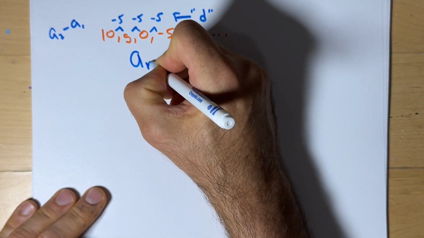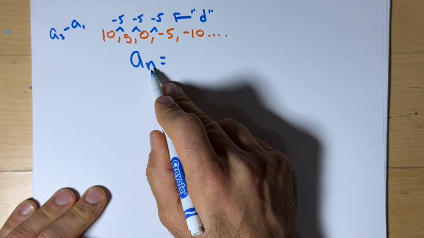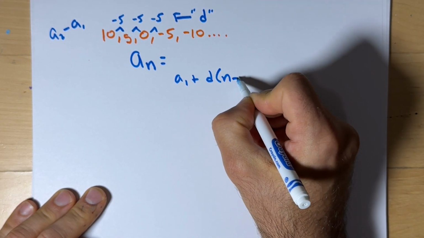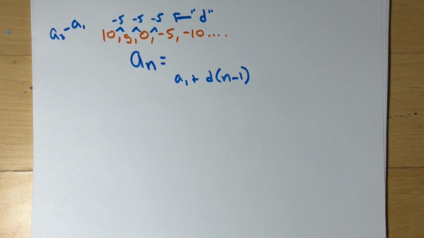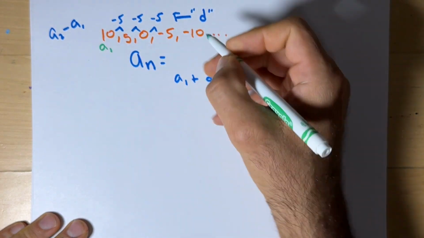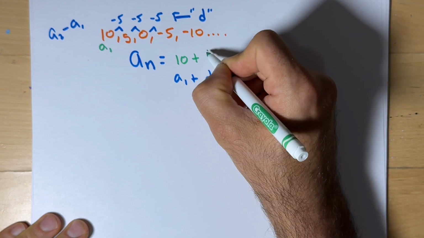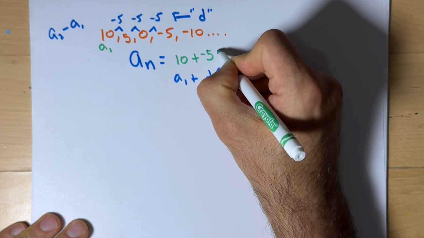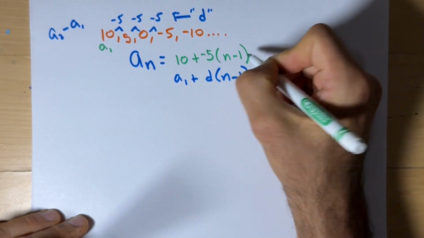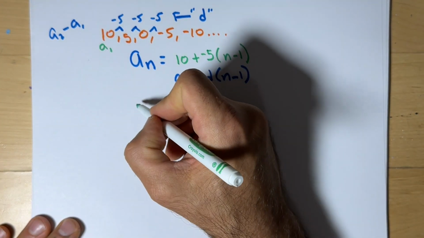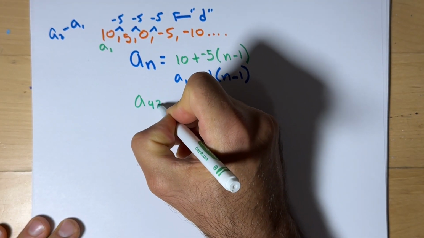So our formula is a_n equals our first one, plus the difference times the number we want minus 1. So the first term this time is 10. 10 plus the common difference was negative 5 times n minus 1. We can now use this formula to find any term we want. So let's say we want to find the 43rd term.